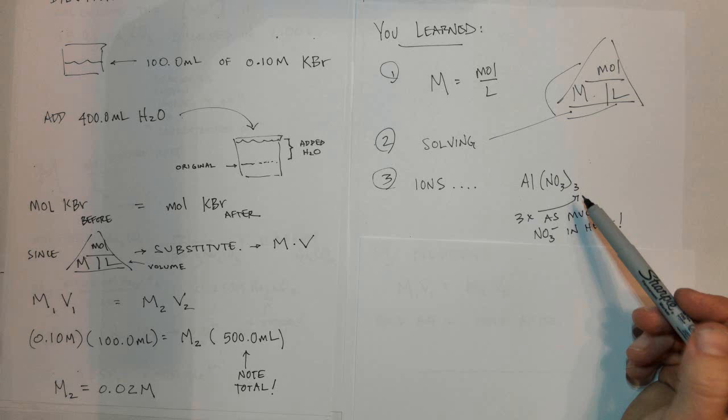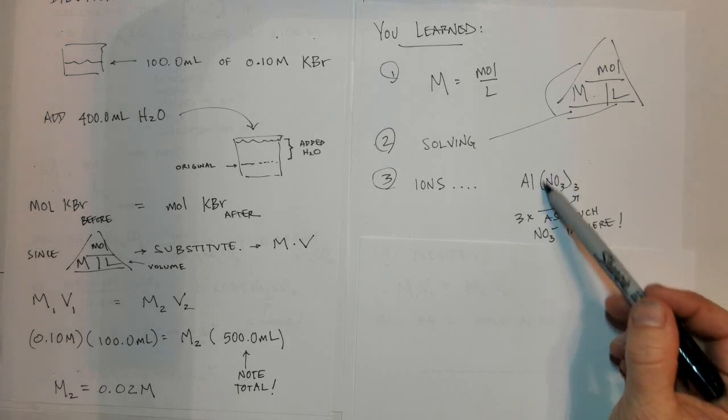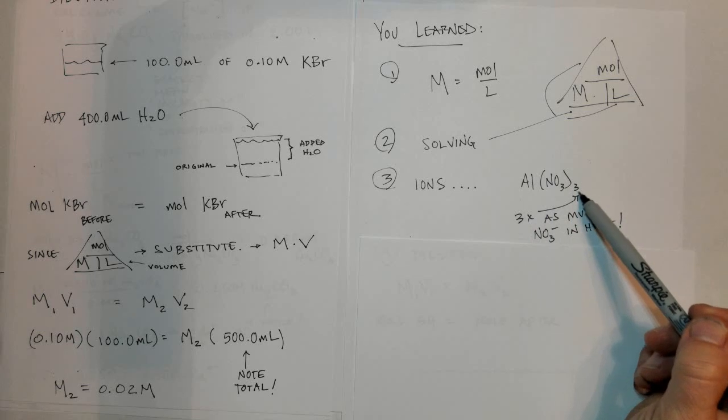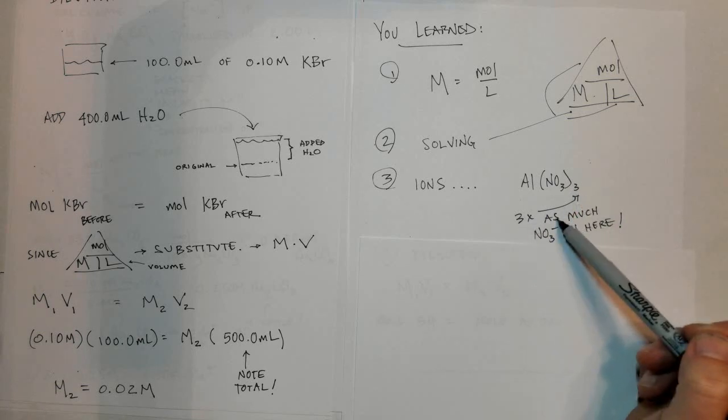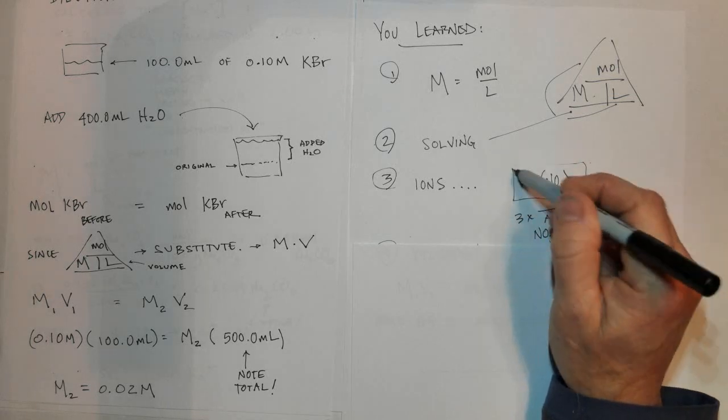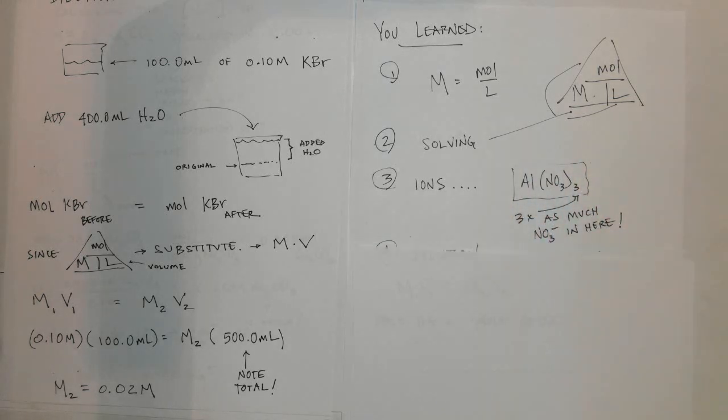And remember, if you're asked for an ion like nitrate in aluminum nitrate, then you have to look towards the subscript right here, indicating there's 3 times as much nitrate as there is of the regular aluminum nitrate in the solution. And lastly, you learned about dilution, and that molarity initial times volume initial is equal to molarity final times volume final, because the moles before are equal to the moles afterwards of a solution.